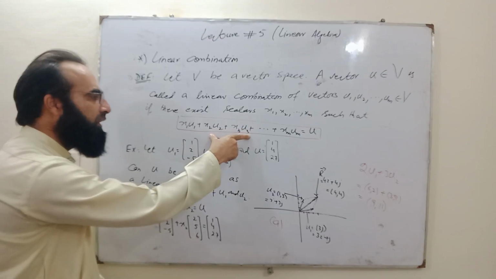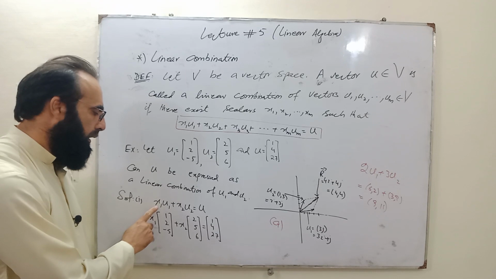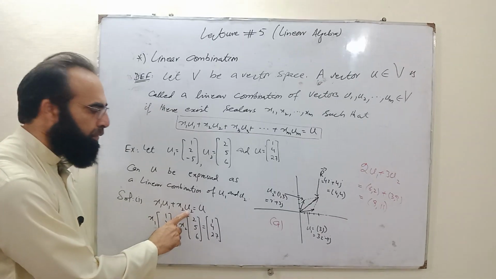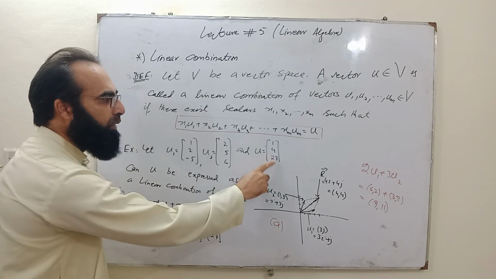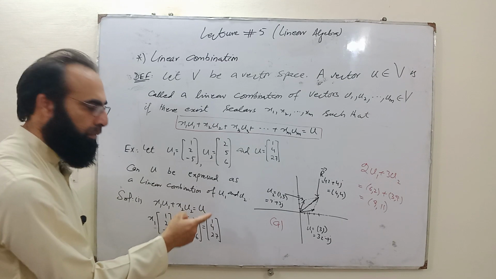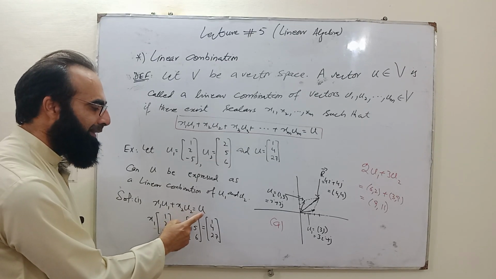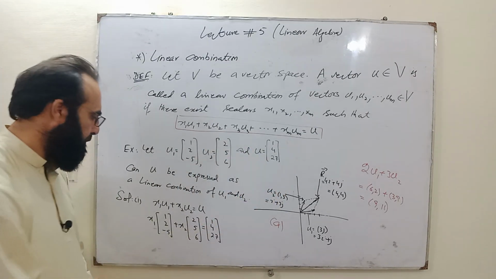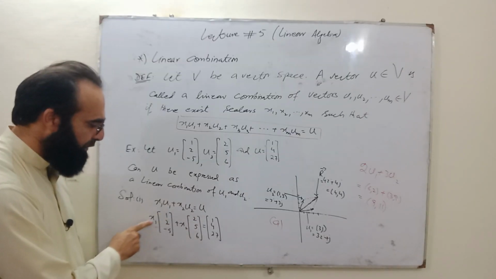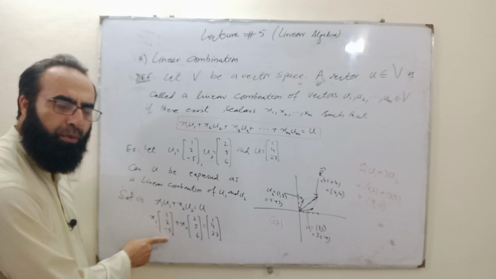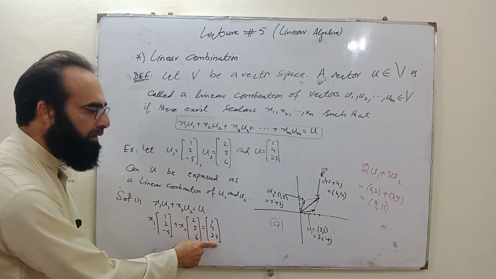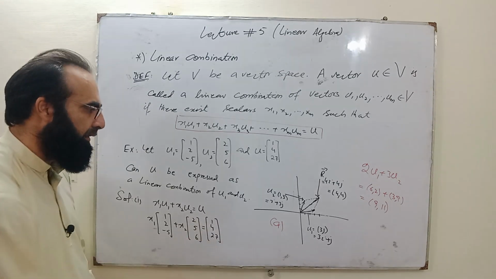So according to this definition, we have some scalar x1 into u1 plus some scalar x2 into u2 equals this vector u, because we have to check this vector, so that's why we wrote u on the right side. Put the values of u1, u2 and u, we get x1 into u1 vector plus x2 into u2 vector equals u vector on the right side.